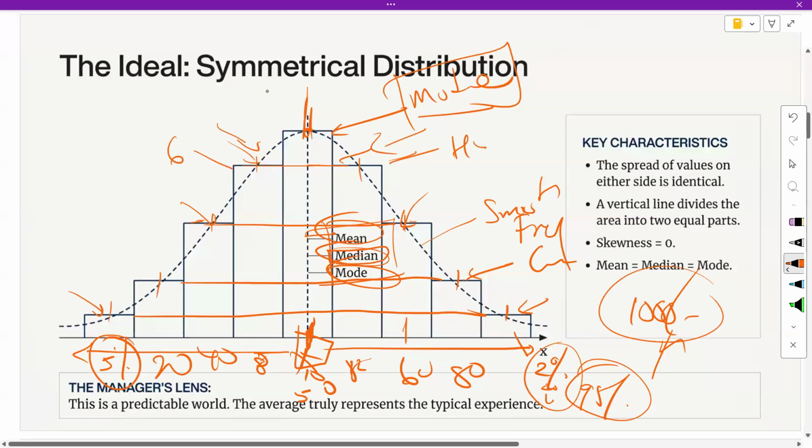So for symmetrical distribution, what are the key characteristics? The spread of values on either side is identical, right?